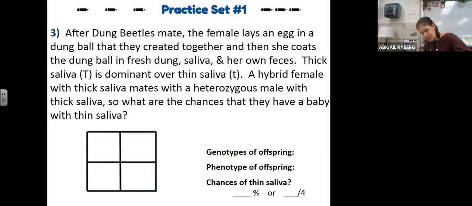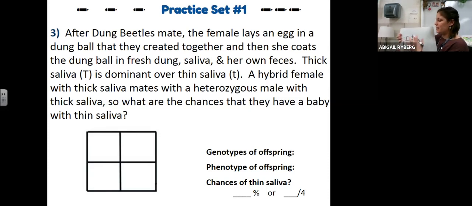So I'm going to do my Punnett square here. Okay. A hybrid female. Hybrid, remember, is the same as heterozygous. So she's going to be big T, little t. And I make my little t's look really weird. Some of your t's, you can't tell if they're big or little, you guys. Be really intentional about your letters, okay?